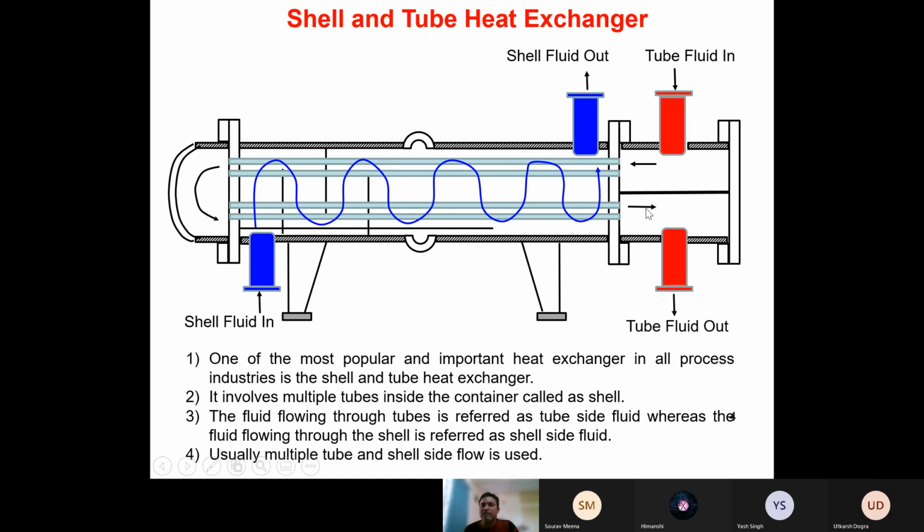So this particular arrangement is called a 1-2 shell and tube heat exchanger. The first digit represents the shell side pass, the next digit 2 represents the tube side pass. So typically the shell and tube heat exchangers are 1-2 shell and tube heat exchanger, 2-4 shell and tube heat exchanger, or 2-6 shell and tube heat exchanger, etc. Okay.